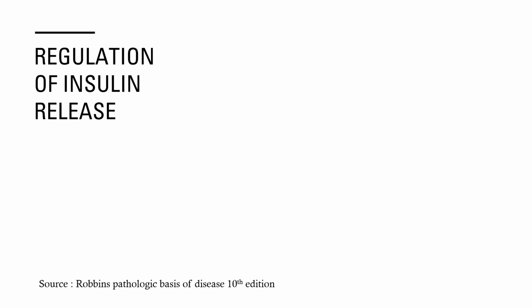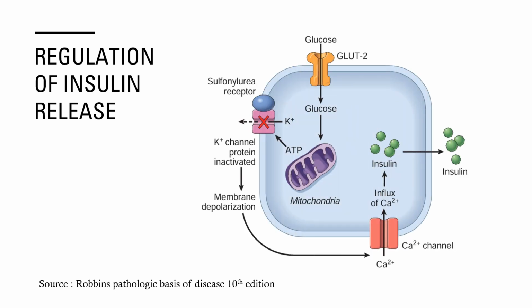Now, how is the insulin release regulated during fasting and postprandial state? As we all know, insulin is produced from the beta cells of the pancreatic islet. Now, this insulin is actually a precursor. This is then formed into C-peptide by getting cleaved at the Golgi apparatus.